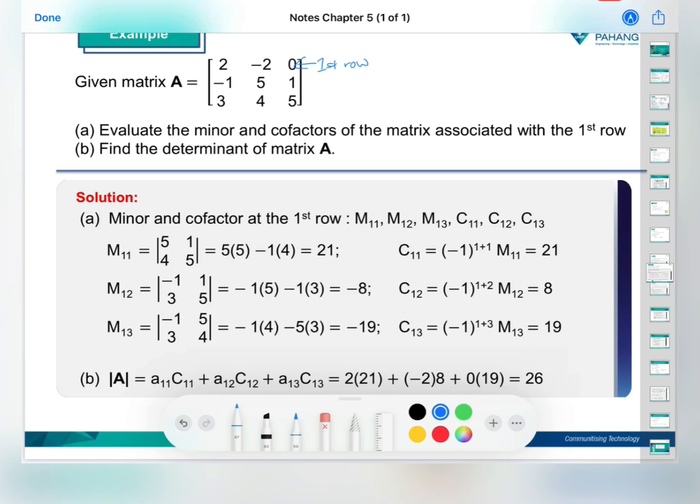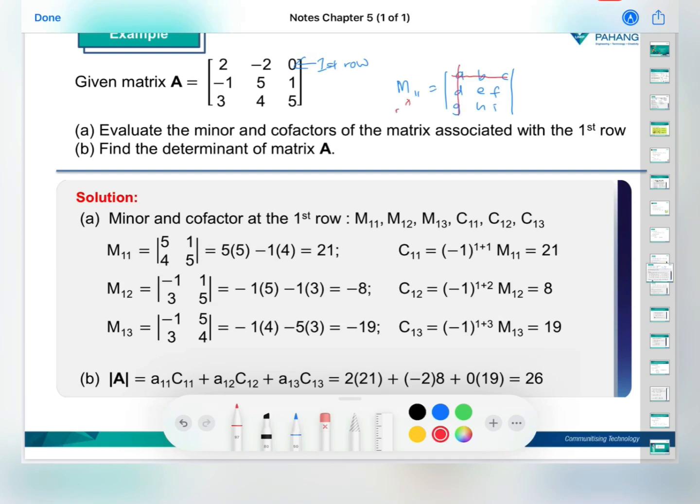So a minor M11, if you have A, B, C, is found when you omit your first row and first column.